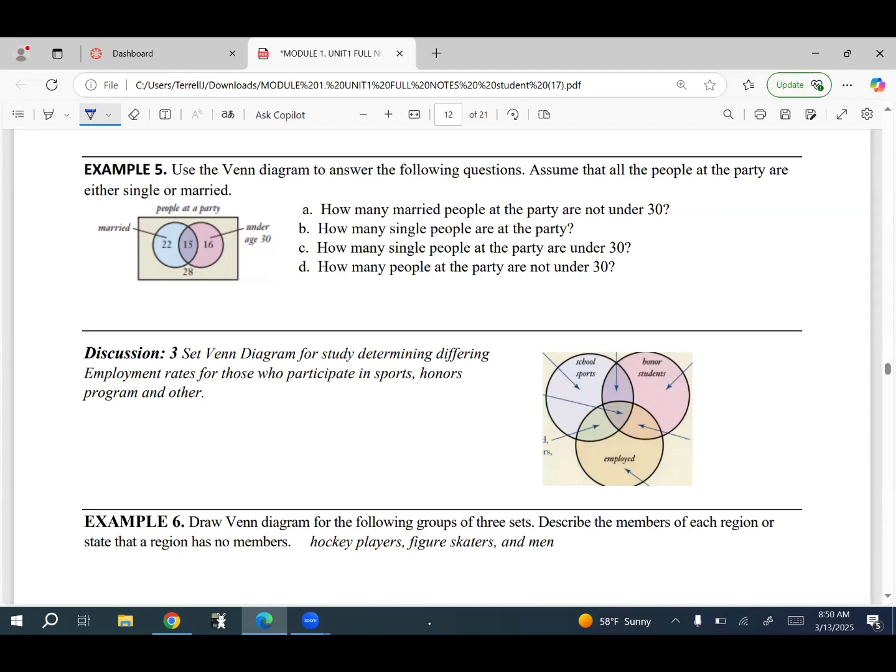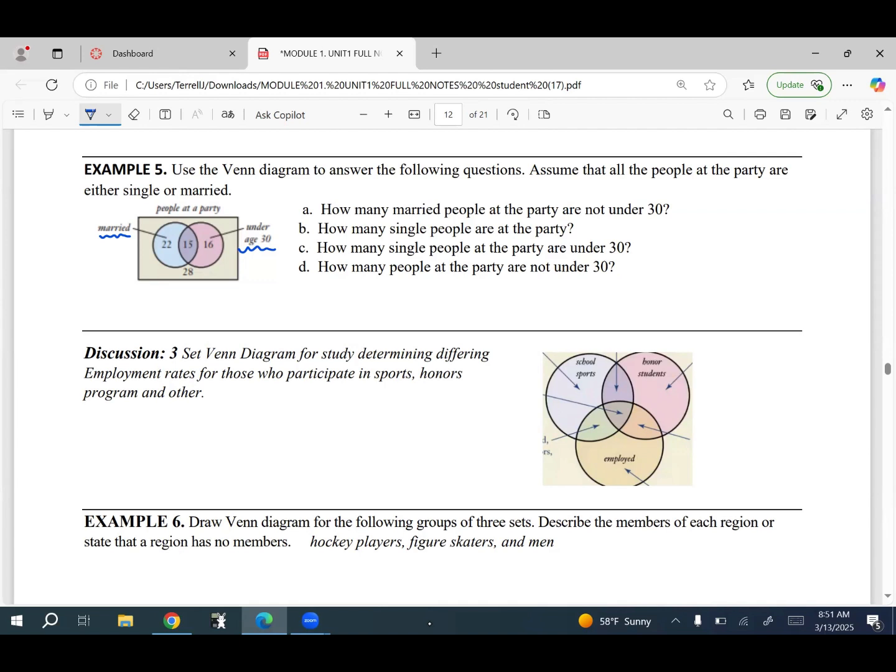The 2 sets we have are married and people under 30, right? That 15 represents people that are married and under 30. And you see this 28 outside in the rectangle. That must mean they're not married, so single, in other words, and these people are not under age 30. So single and older than 30, that's what the 28 represents, right?